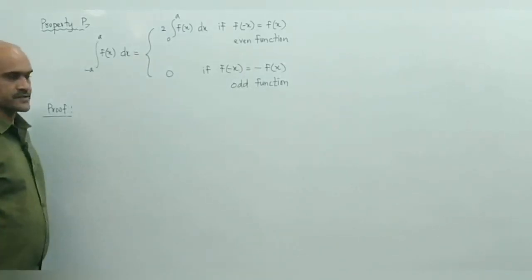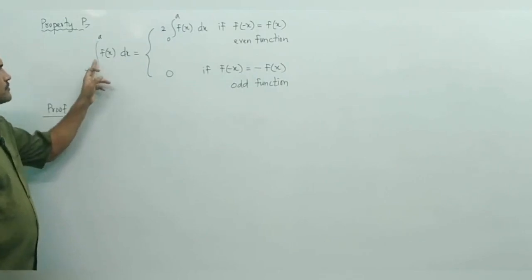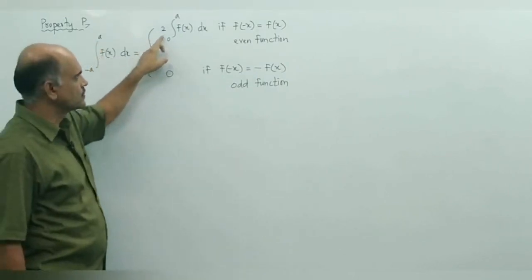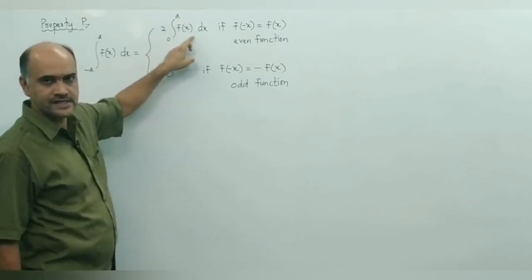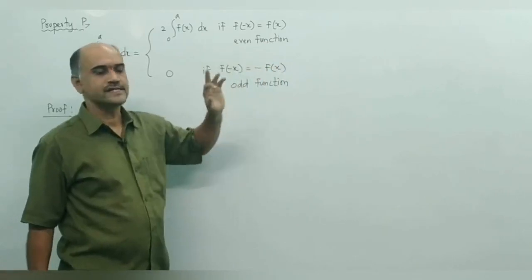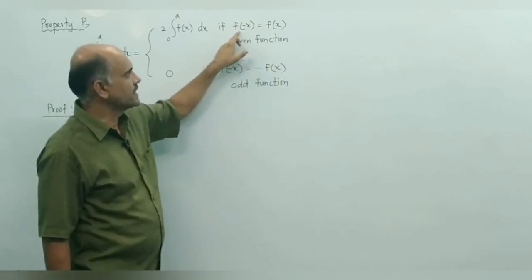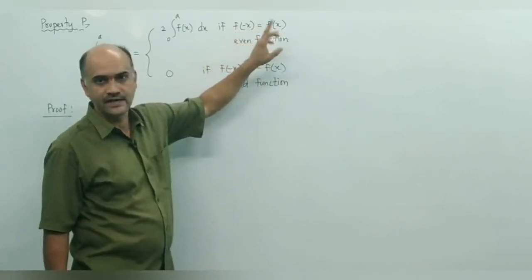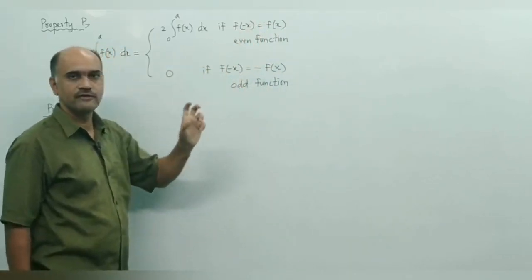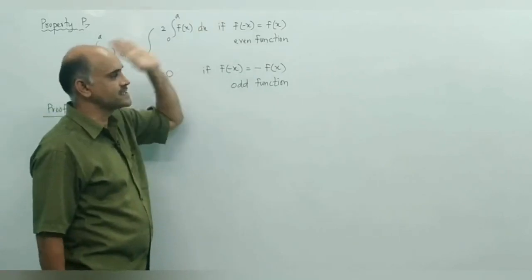So last one, students. Integration from minus a to a f of x dx will be equal to 2 times 0 to a f of x dx when the function is even. So when do we say a function is even? When f of minus x is f of x. Even if you substitute x negative, the value remains the same, then we call it an even function.